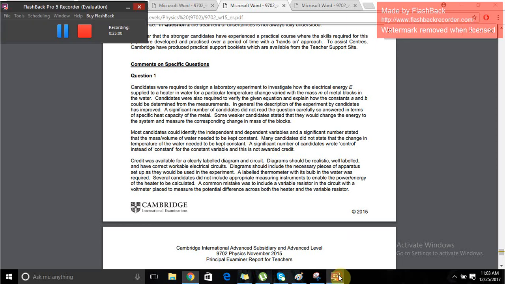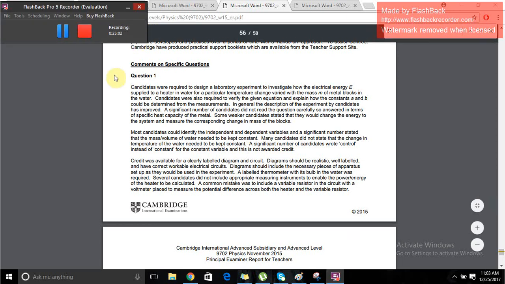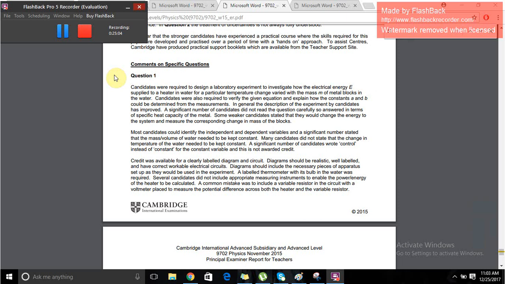Candidates were also required to verify the given equation and explain how the constants A and B could be determined from the measurements.